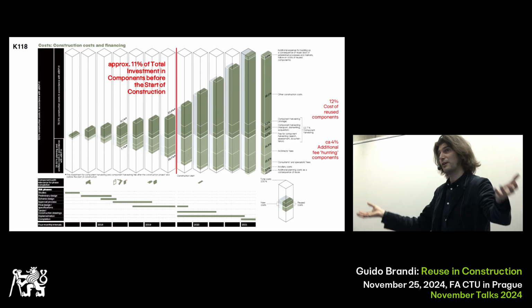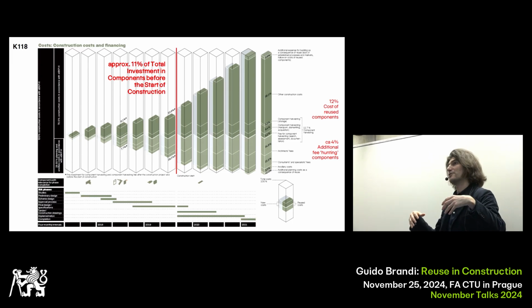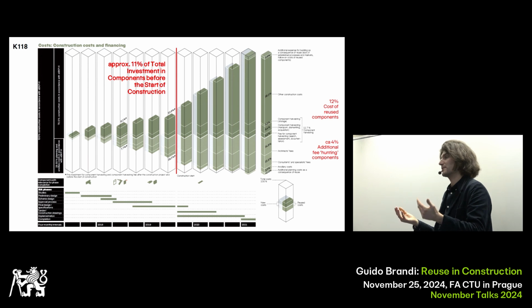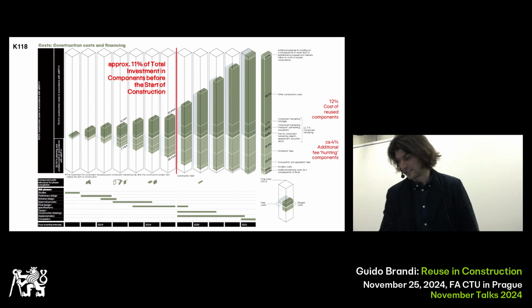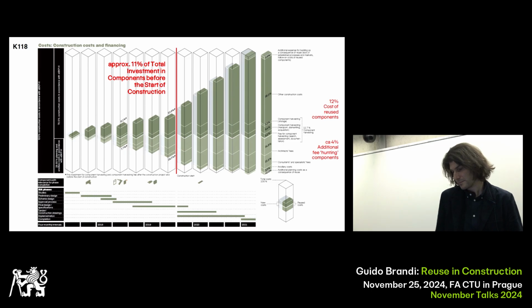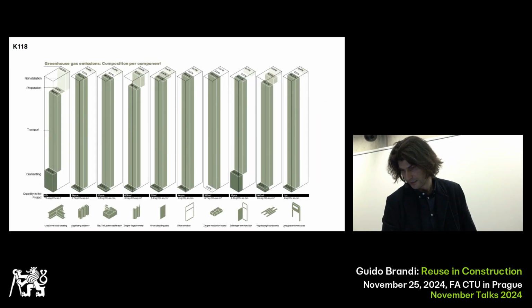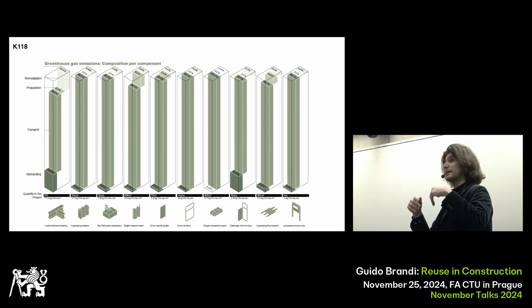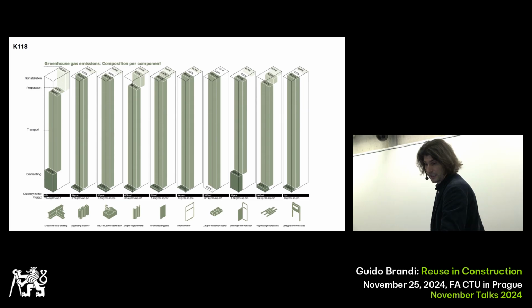But here, you have to collect all the material even before starting the construction, sometimes even before having a building permit. So you have a much higher risk. This is a point of dealing with reused elements. And this is the same graphic, but with the greenhouse gas emissions.